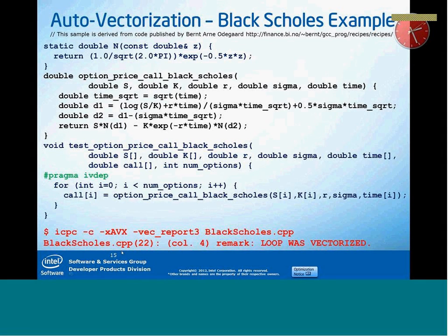If I compile this code using -xAVX, as you can see in red at the bottom, and generate the vectorization report, I get that the loop was vectorized. And now this is double precision code, not floating point. So it will only do 4 data elements simultaneously, meaning the single instruction will be able to work on multiple data, but that multiple is going to be 4.